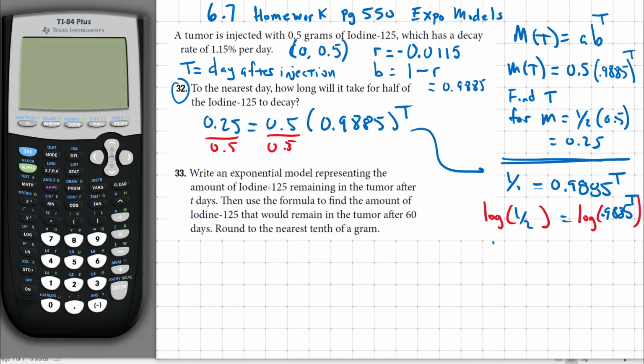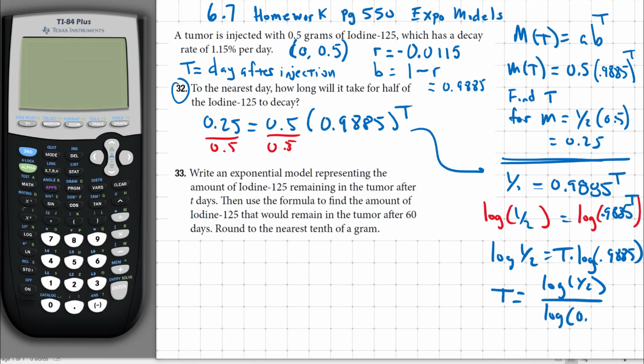Then I can get an equation, so I can use the log rule. Let's make this all fit better. 0.9885, and if I divide, I will get log of 1/2 over log of 0.9885. There is an exact solution.